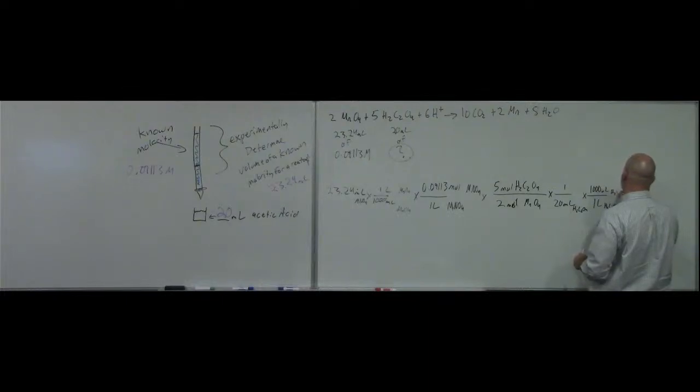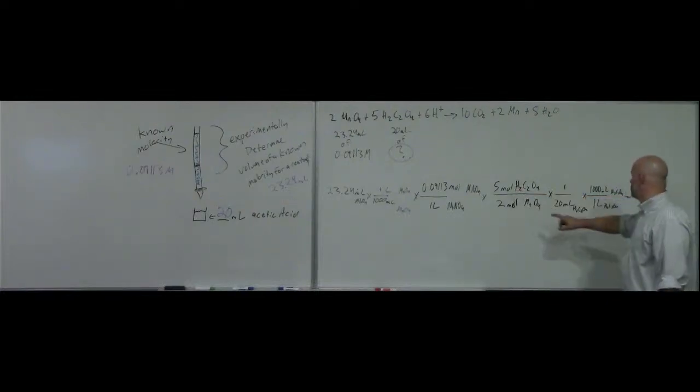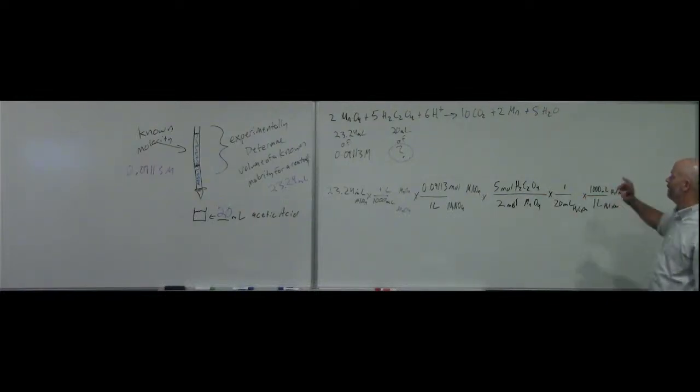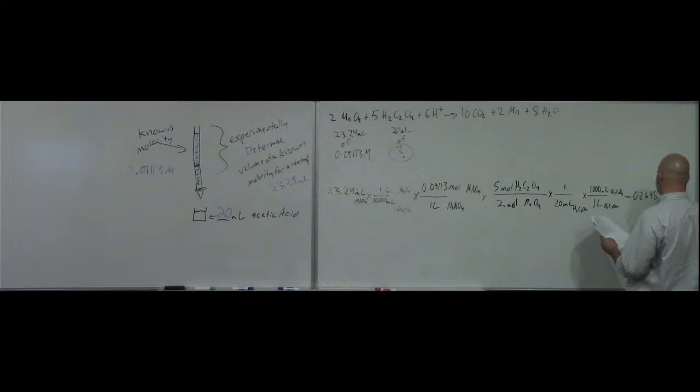When everything's canceled out, I get moles per liter of oxalic acid, and when you run this math, you should get 0.2648 molar, or 0.2648 moles per liter.